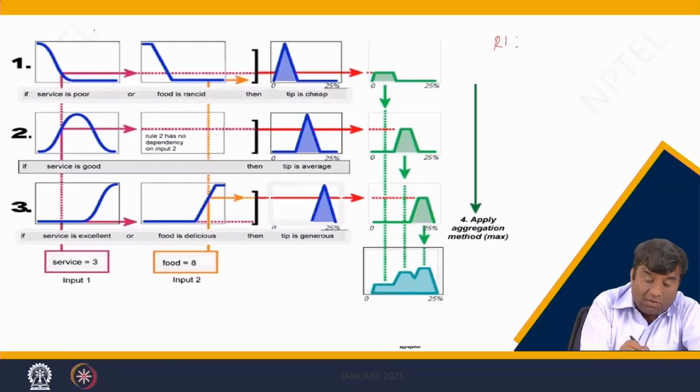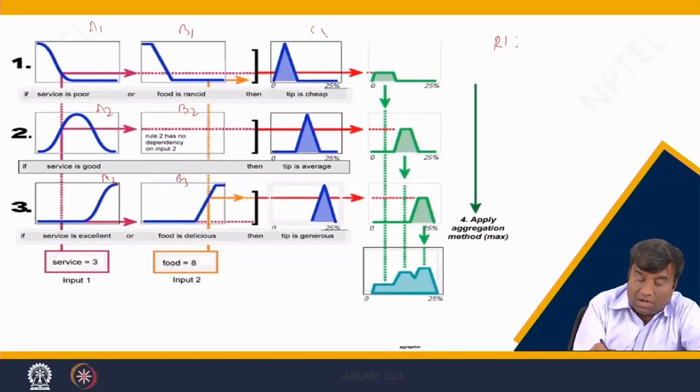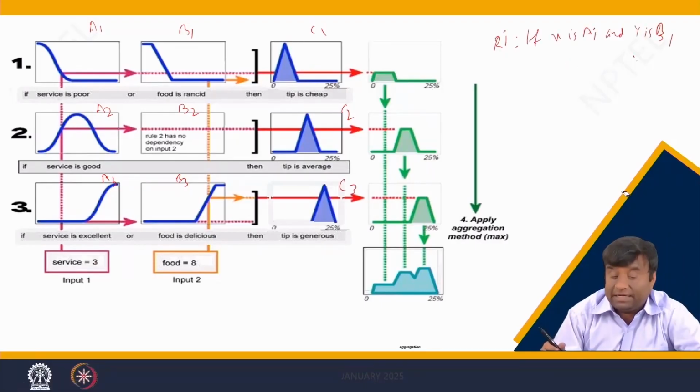So let it be A1, B1, A2, B2, A3, B3, and C1, C2, C3. The rule says that Ri says if X is Ai and Y is Bi, then Z is Ci.